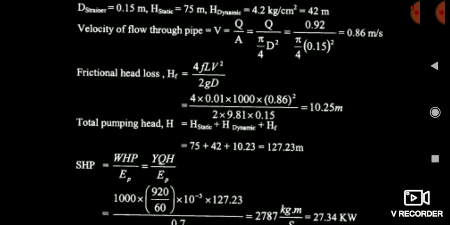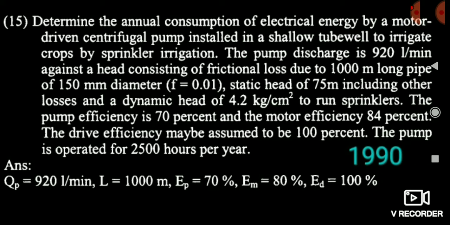So the first thing we should do is calculate how much power is consumed. For calculating the power consumption, we should calculate the total head, because all of us know that power is nothing but rho g h, which means pressure into discharge, and the discharge value is given in the question, that is 920 liters per minute.